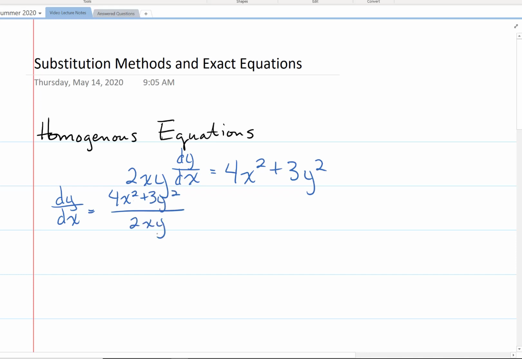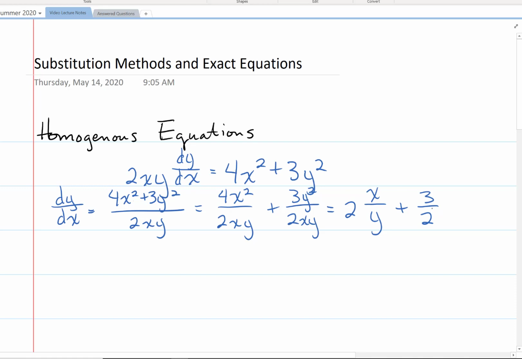Just divide both sides by 2xy. And if we do a little bit of work on this, we take the 4x squared, put it over 2xy, plus the 3y squared, and put it over 2xy. We end up with, in the first case, just 2 times x over y, plus 3/2 times y over x.